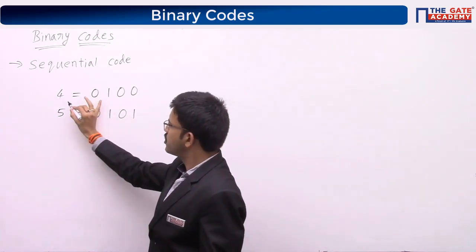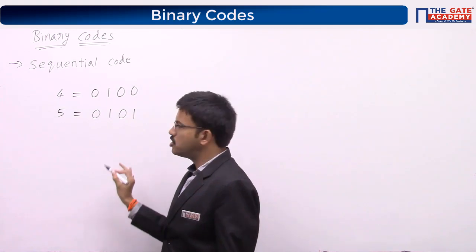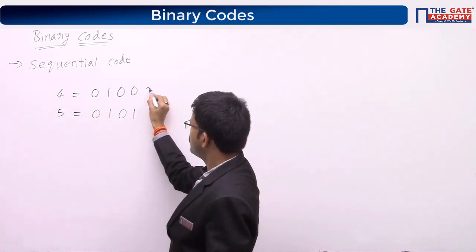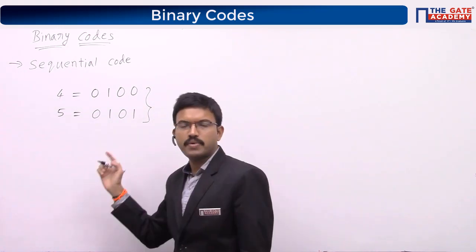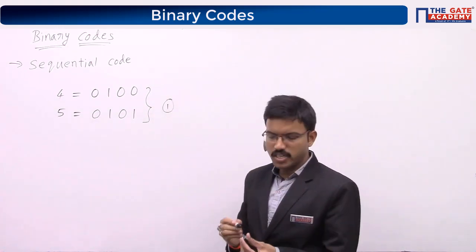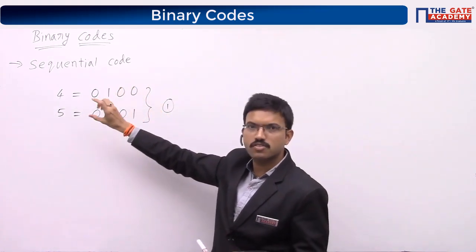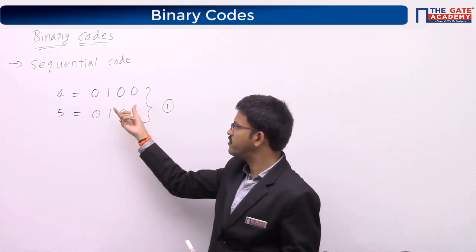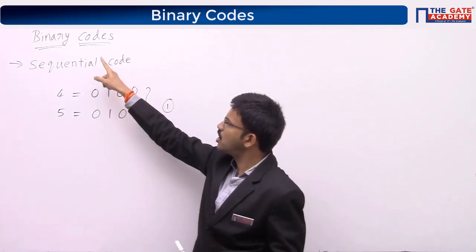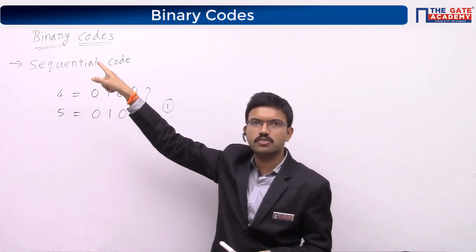Just observe, for 4 we have 0100, for 5 we have 0101. The difference between these two, subtracting smaller from larger, is 1. If the difference between successive digits, whatever the code we are considering, is equal to 1, then we can call that binary code a sequential code.